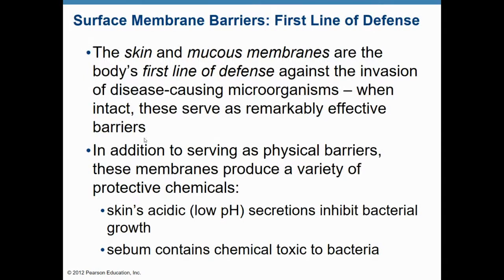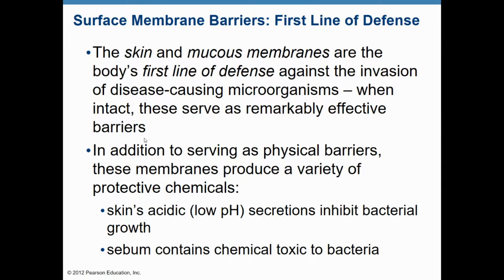So our first line of defense is skin and mucous membranes, right? First of all, they prevent the entry of disease-causing microorganisms. When your skin and your mucous membranes are intact, they are remarkably efficient at keeping us healthy. We really don't have to worry about disease until something breaches those barriers.